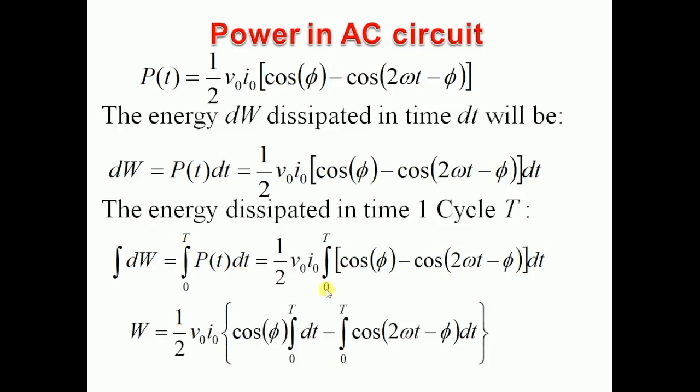So here the first integration is a constant part, so we are left with integration dt, and integration dt will be t, and upper limit minus lower limit will be capital T. So this whole term inside the parenthesis is capital T minus this integration we need to solve.